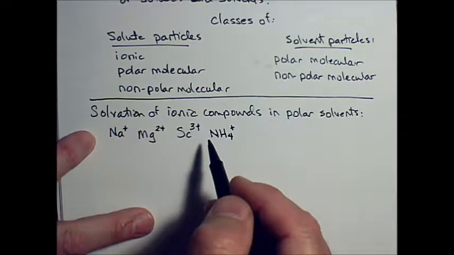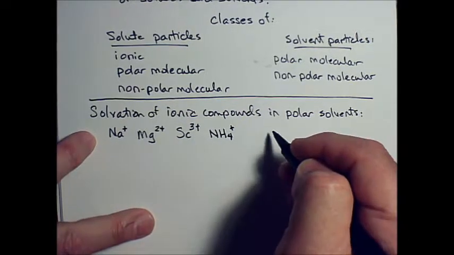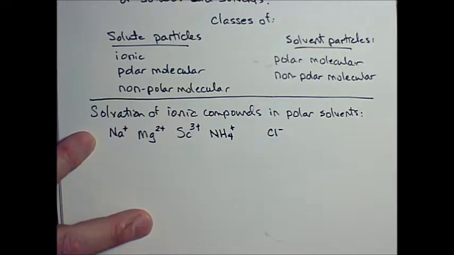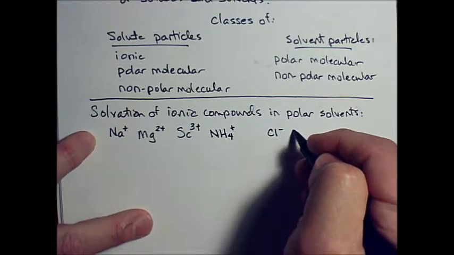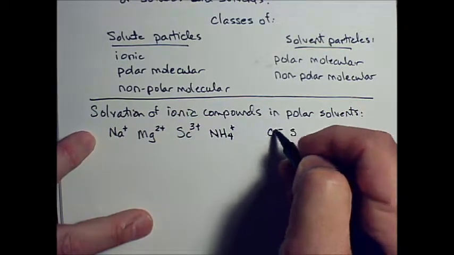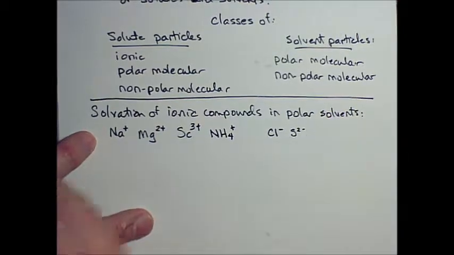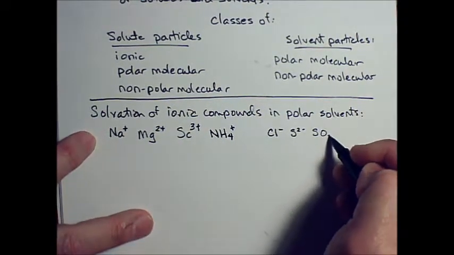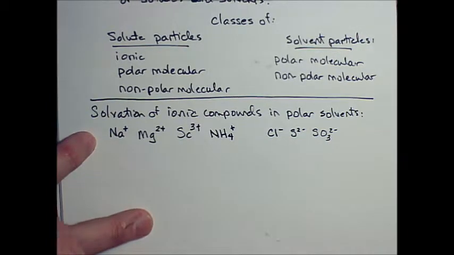And then we've got the anions, the negatively charged particles. They include things like chloride, which has a 1 negative charge. Sulfide has a 2 negative charge. There are polyatomic ions like sulfite, which has a 2 negative charge.